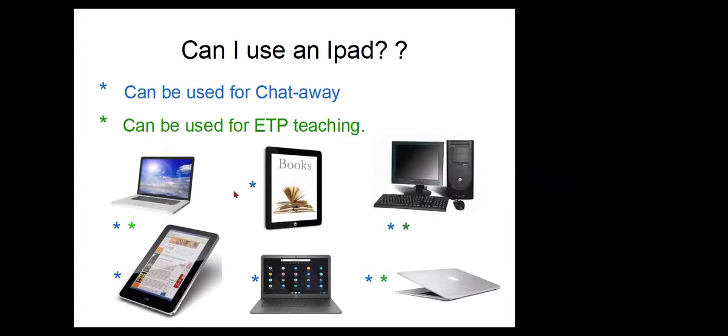So you won't be able to get into all the settings as they require you to, and therefore you can't use those devices. Chromebooks, the actual laptop type things, really are just super tablets or super telephones. Also, of course, cell phones come under the same heading along with the tablets: you can't use them for teaching, but you can use them for Chataway.